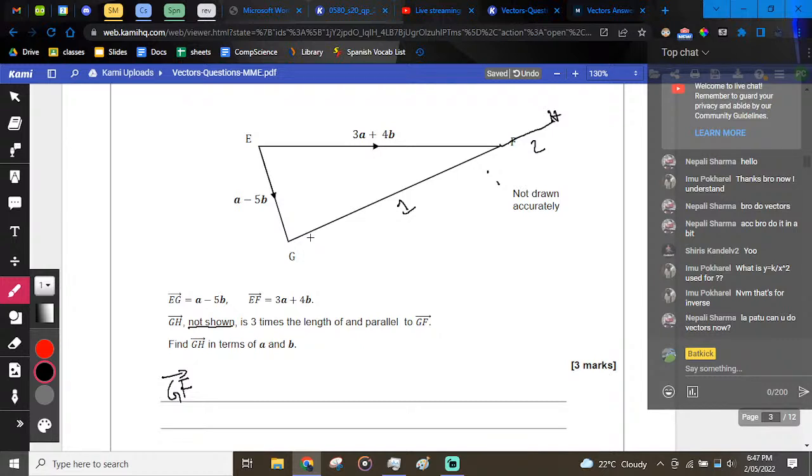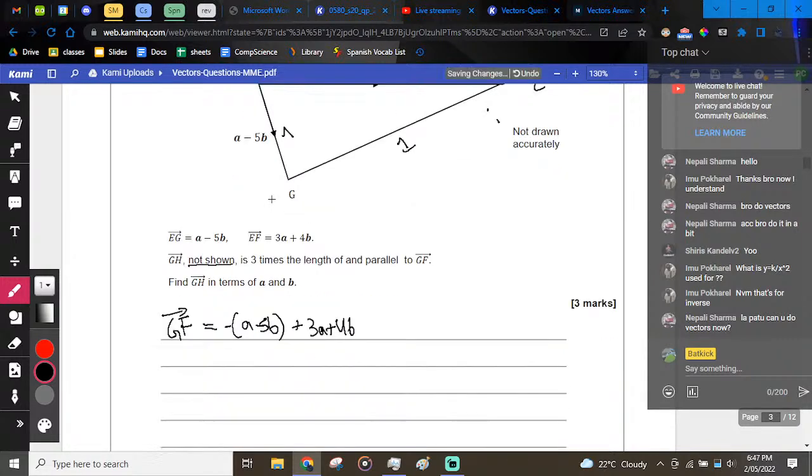From G to F, follow the line. It's in the opposite direction, so it's negative a minus 5b. And then it's in the correct direction here. Go here and then go here: plus 3a plus 4b.